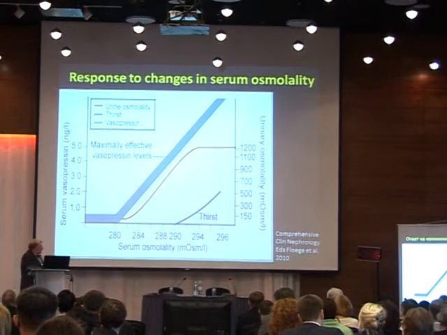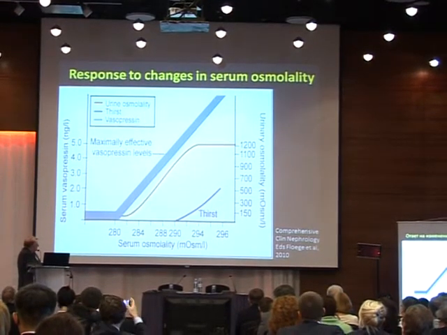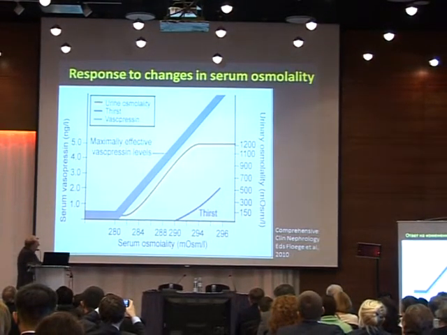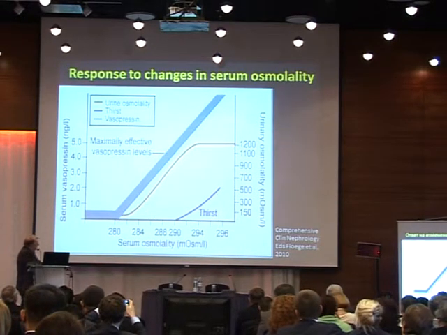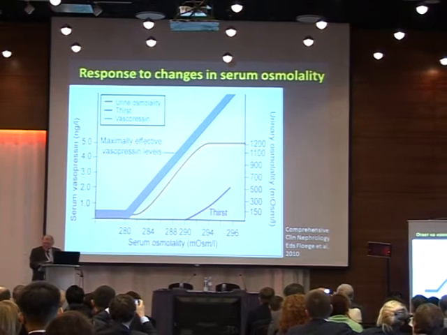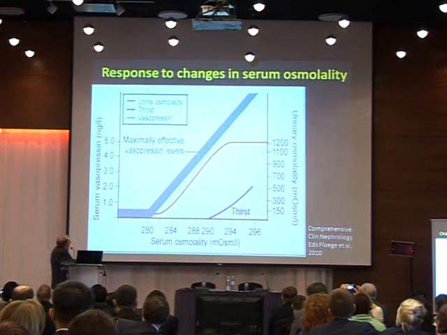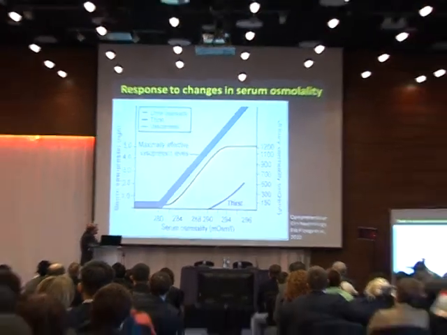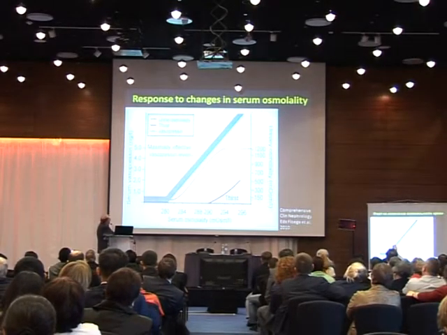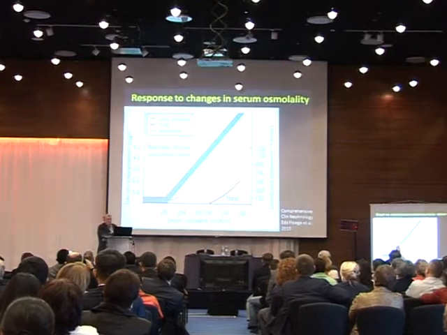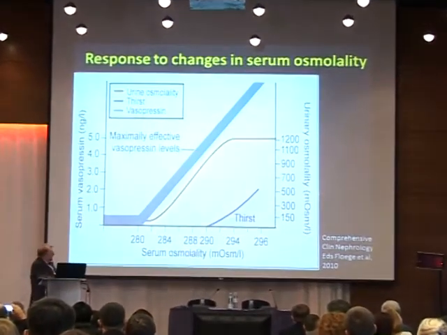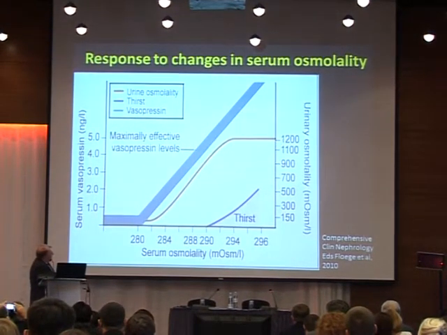Just to remind you, this is the serum osmolality. It should be actually more, in this famous textbook, and I discussed that with Dr. Flüge, it should be saying here tonicity, actually better than osmolality. And you see when the osmolality goes up, the vasopressin, the antidiuretic hormone, is going up. And the concentration, the osmolality in the urine also goes up.